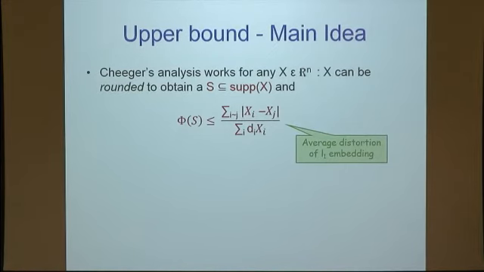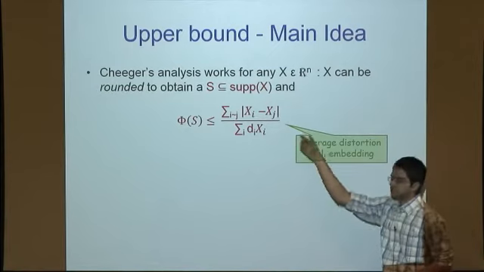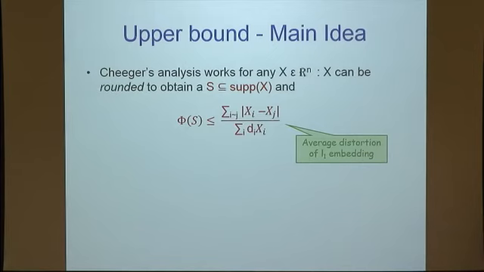The embedding is a canonical embedding, where you map vertex i to the value x_i. So this term x_i minus x_j is like the distortion of this edge, and under some weird normalization, this is like the average distortion of this embedding. So Cheeger's analysis says you can start with any vector and find a set S which lies in the support of this vector and whose expansion is at most the average distortion.